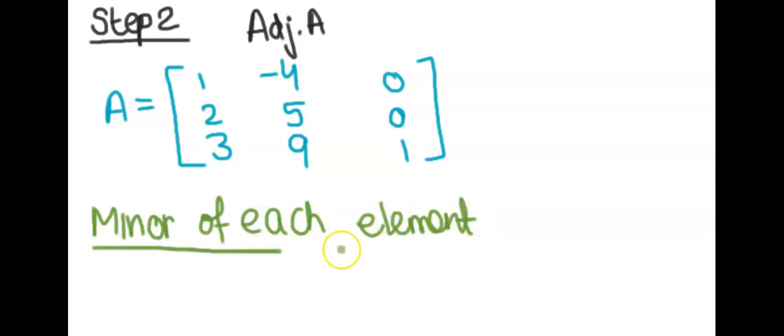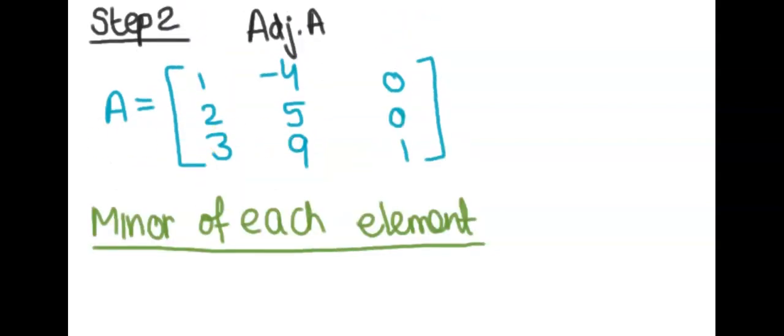How do we find the minor for each element? We make sure our Super Mario is at each element. So Super Mario is here and here and here and here and here and here. And then we create a matrix of minors. So let's do the matrix of minors first.